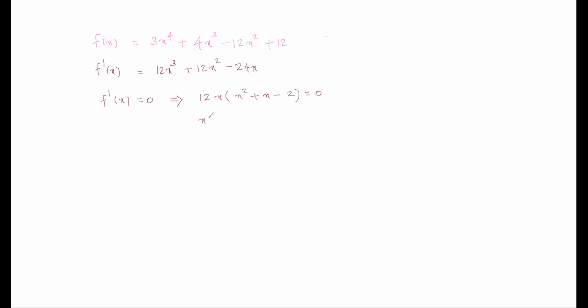So from here 12 cannot be 0. That means x is equal to 0 or x square plus x minus 2 is equal to 0. Then this can be factored as you have to get the product and sum.